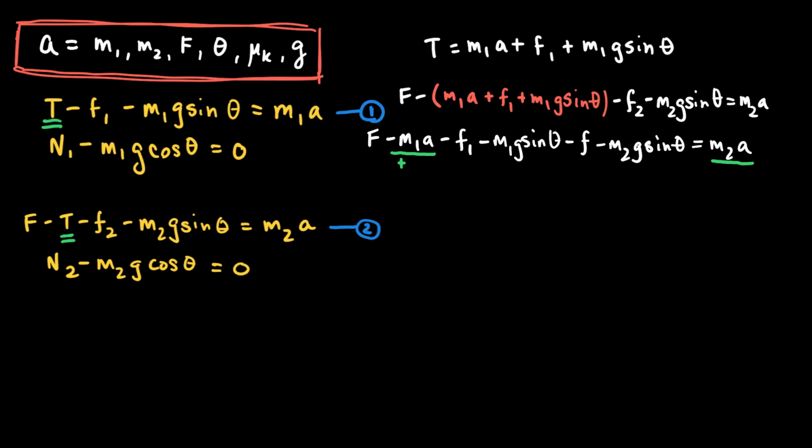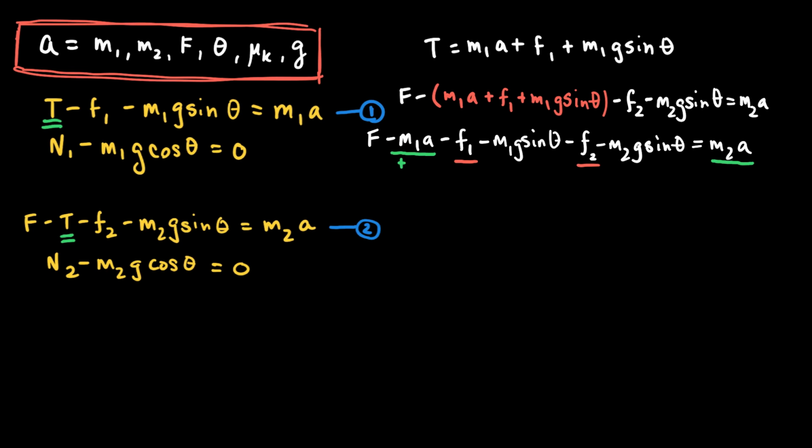The second thing that I'd like to do is write in the expressions that I know for the frictional forces. I know that the frictional force F1 and the frictional force over here, which should be labeled F2, have equations that depend on the coefficient of friction and the normal force.